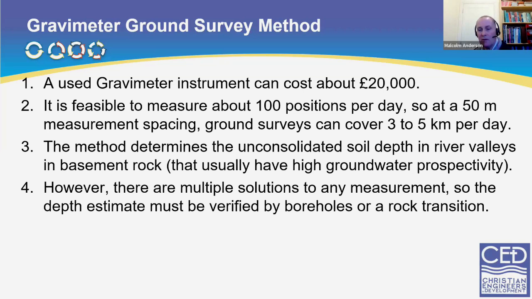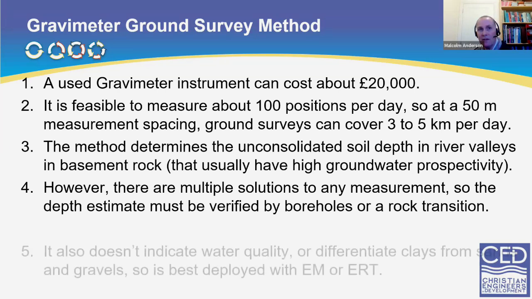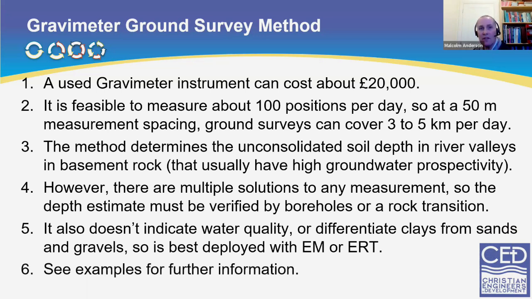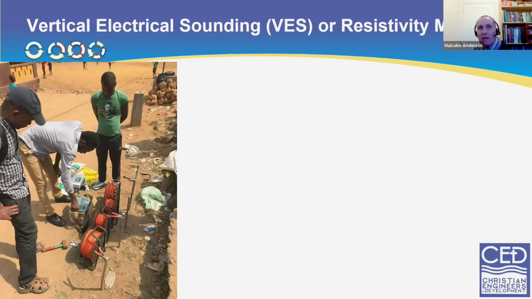Ideally, you would have a borehole which proves the thickness, but that would then defeat the purpose of the survey. The other limitation is it doesn't indicate water quality or differentiate clays from sands and gravels, which can be measured with other methods. And we'll look at this example in the typical examples at the end.